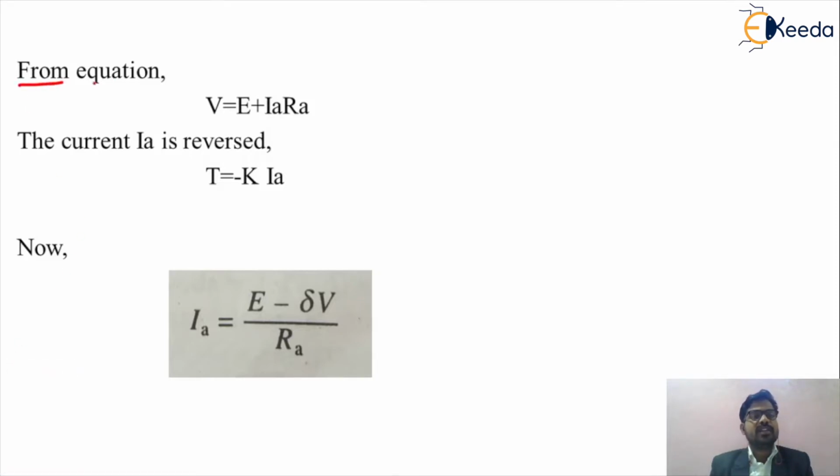Okay, so we can derive the speed torque relationship from the basic equation. So friends, this will be the basic equation of your DC motor: V is equal to E plus IRA. Basically this motor acts as a generator, because this is the formula for a motor.